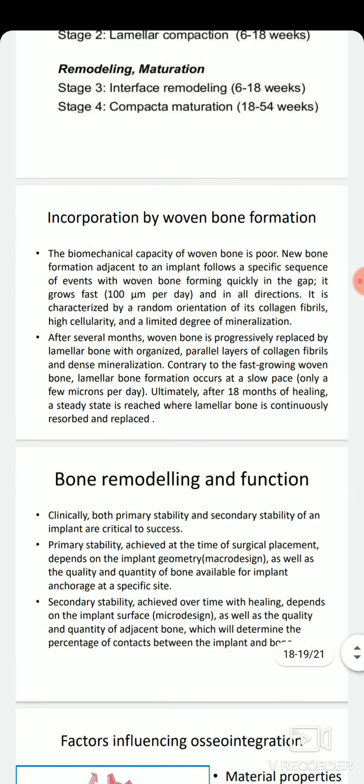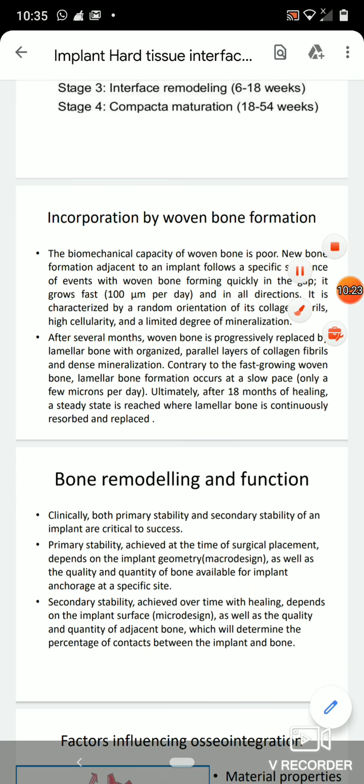Incorporation of woven bone formation: the biomechanical capacity of woven bone is poor, and the new bone formation adjacent to an implant follows a specific sequence of events, with woven bone forming quickly in the gap.